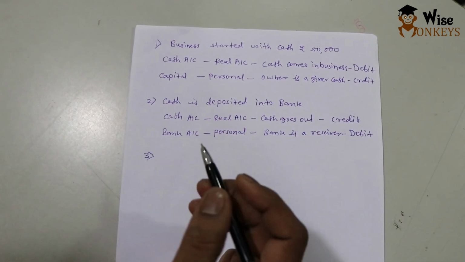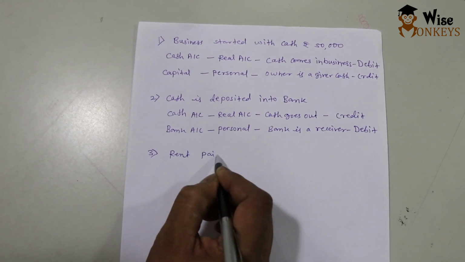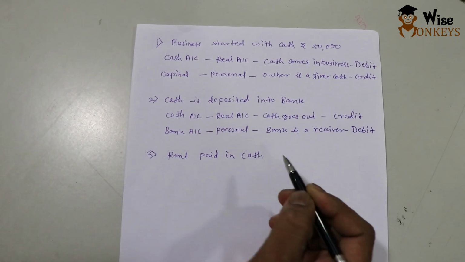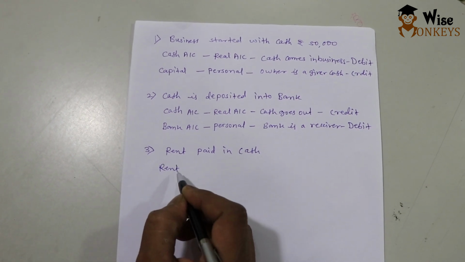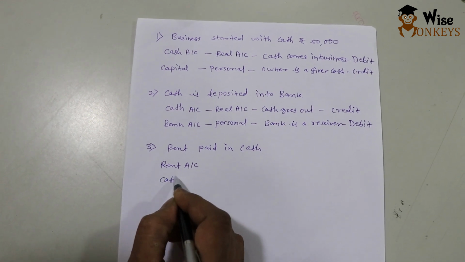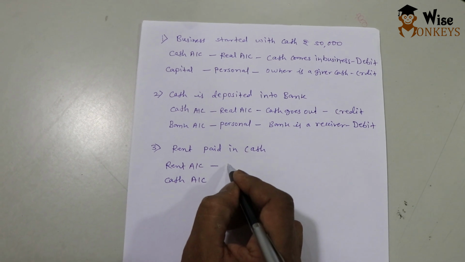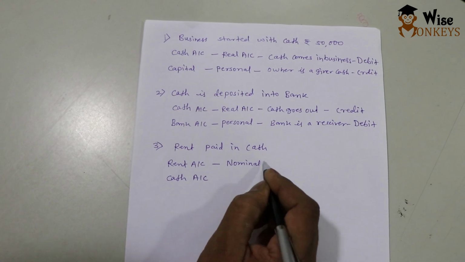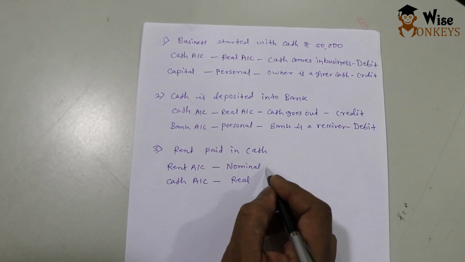Third example: rent paid in cash. Here there are two accounts. You know that in every transaction there are two accounts: rent account and cash account. What is the type of rent account? Nominal account. Whereas cash is a real account.